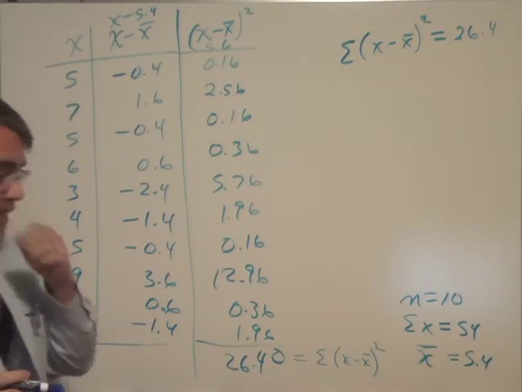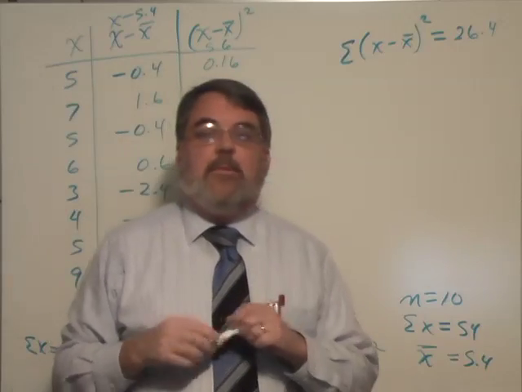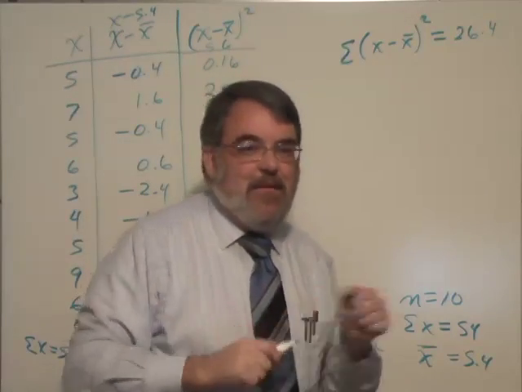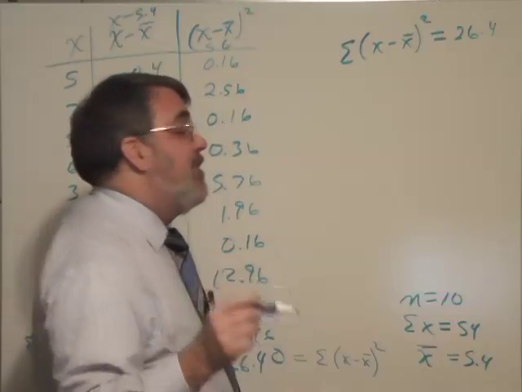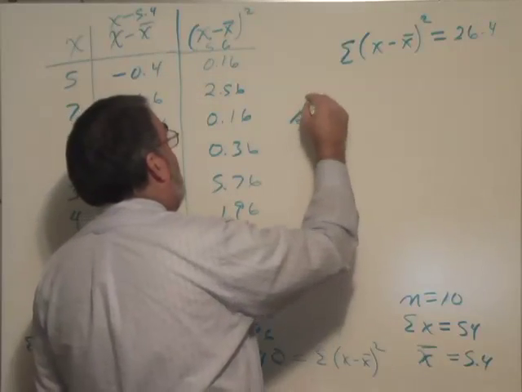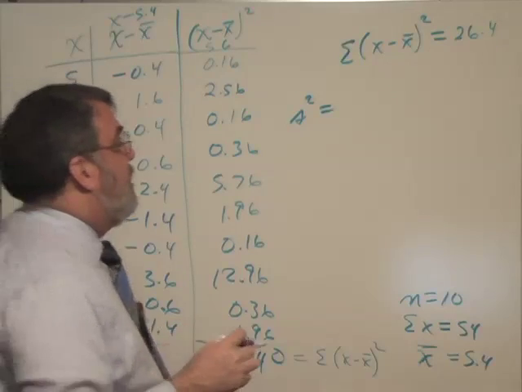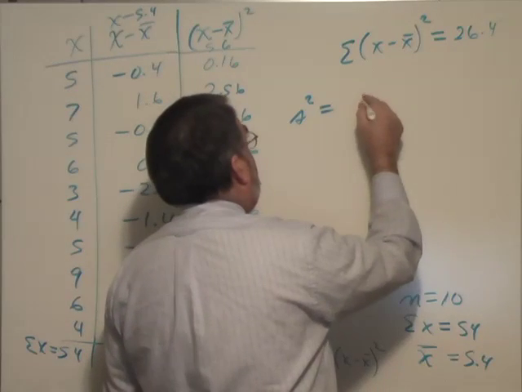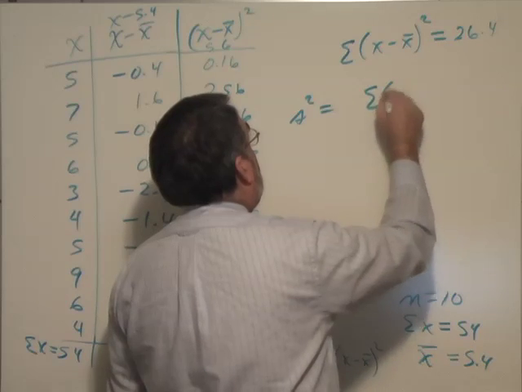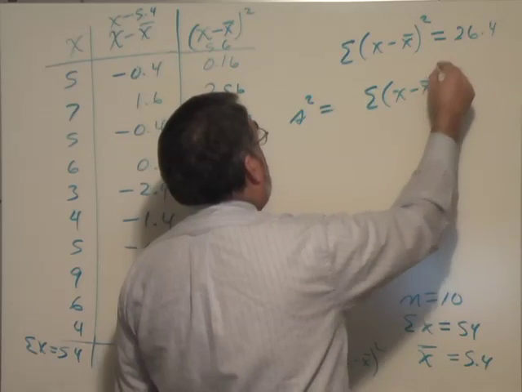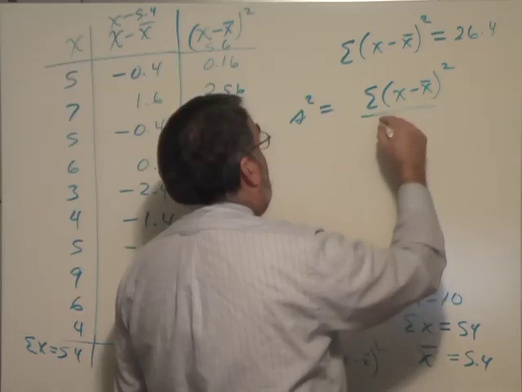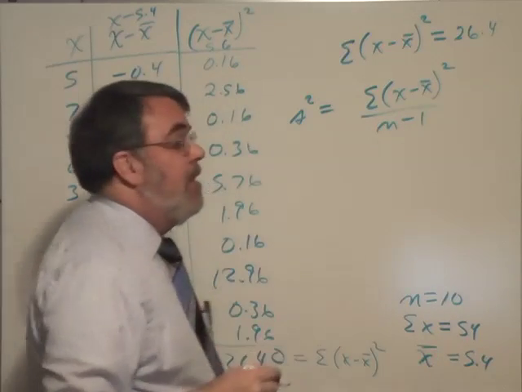All right, so the square of the standard deviation, for our purposes here, is called s squared. S squared is calculated this way. It's the sum of these individual variances squared, sigma, parentheses, x minus x bar squared, divided by n minus 1.